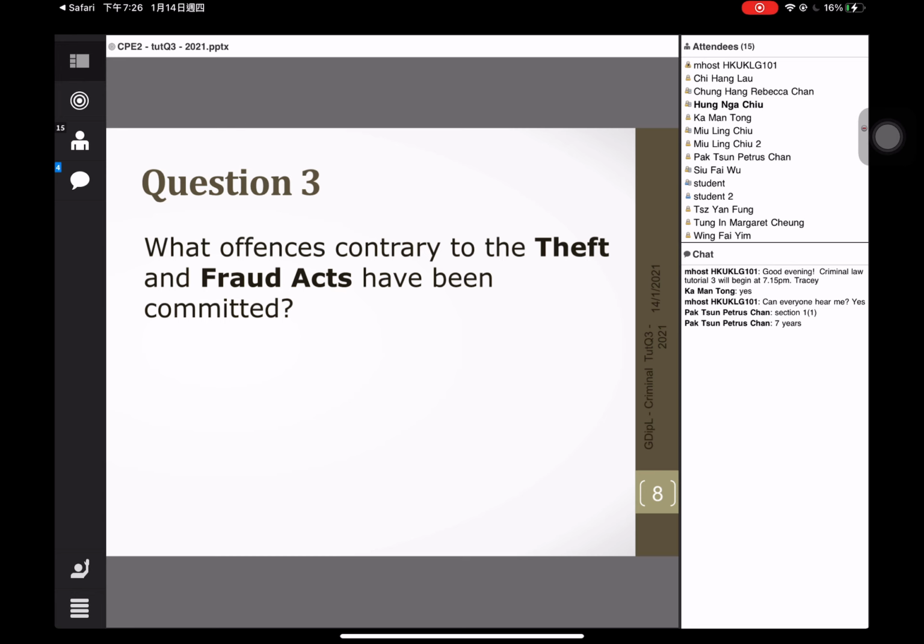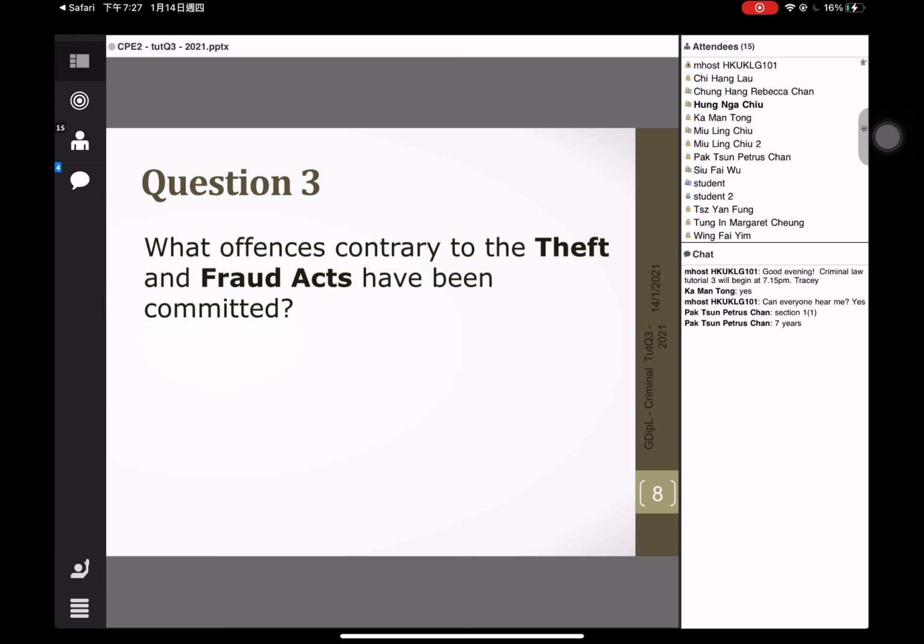So this part is important, so look out for this in the question. What offences contrary to the Theft and Fraud Acts have been committed? Here, when there was mention of attempting to commit a crime, technically that offence is contrary to Section 1.1 of the Criminal Attempts Act 1981. So it's not, strictly speaking, within the scope of the question. But I think probably they wanted you to just mention it.